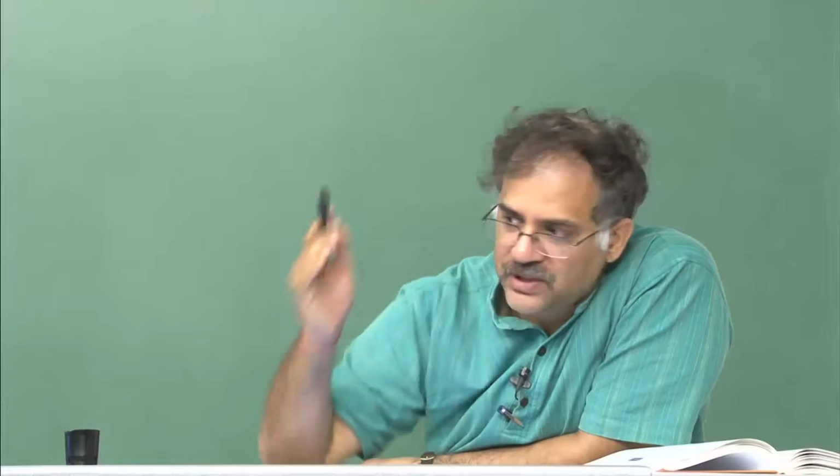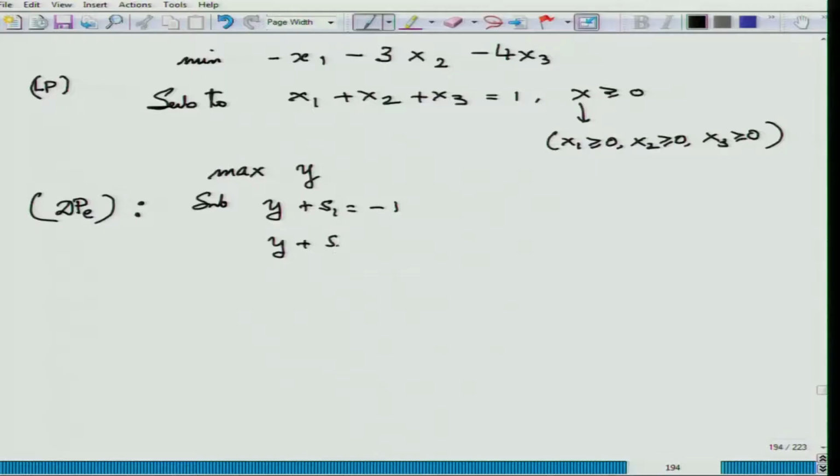So, 1 1 1 into y is y y y. So, A transpose y is just y y y, and you are adding S to it, which is S1 S2 S3. So, this is equal to C, subject to S1 S2 S3 bigger than 0.